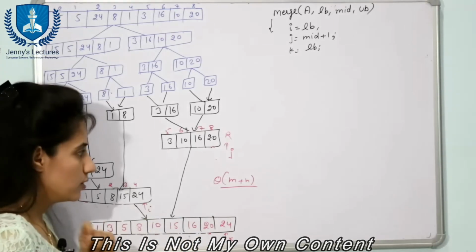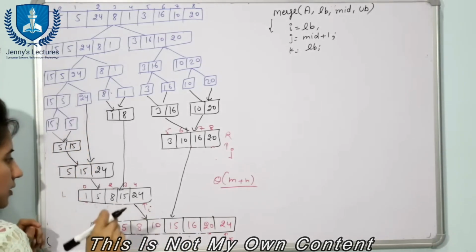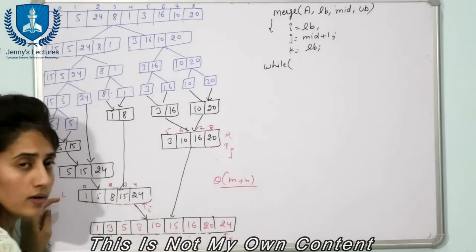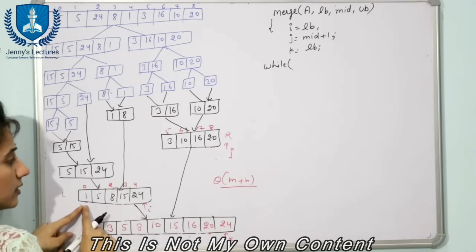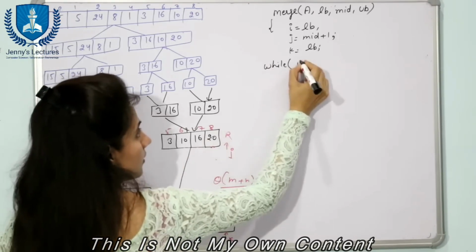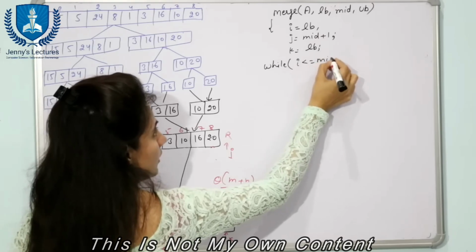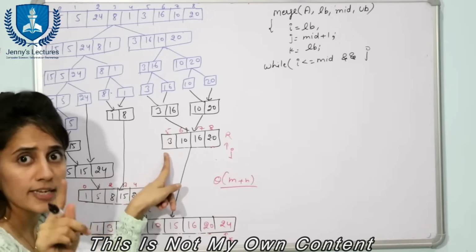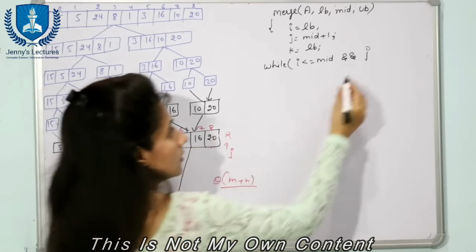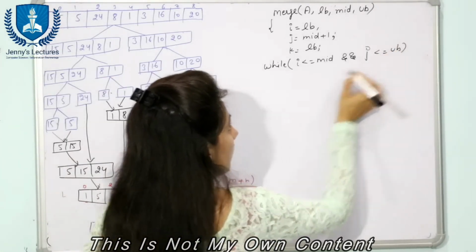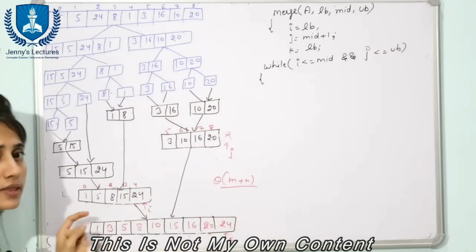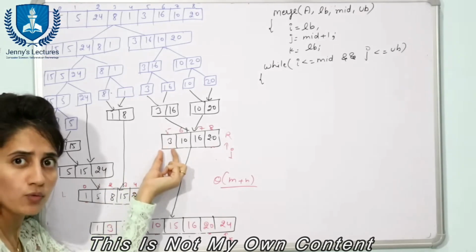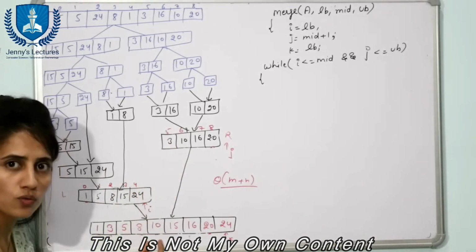Now next, you write a loop: while I is less than or equal to mid, and j is less than or equal to upper bound. In that case only you compare these elements, and put the element which is lesser into this new array.